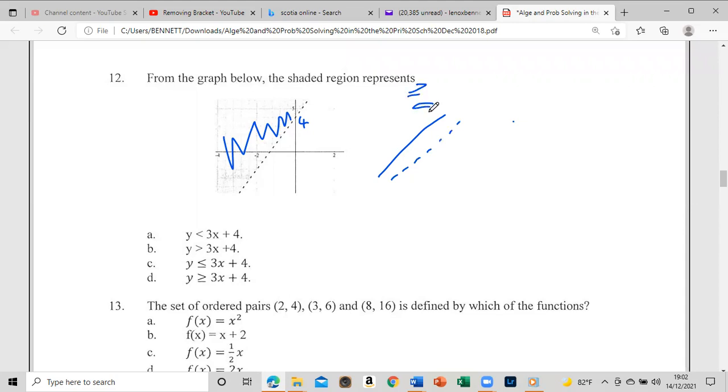If the line is not broken, it is equal to also, whether it is greater than or equal to. You understand? So if it is like this, it is less than alone. Once you see it broken like this, it means it is only less than.